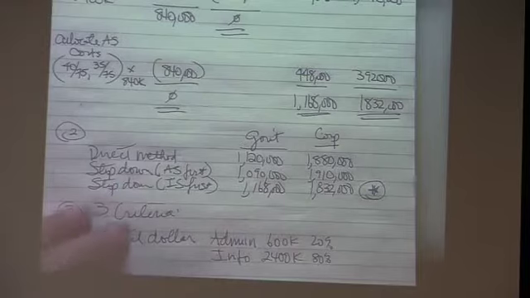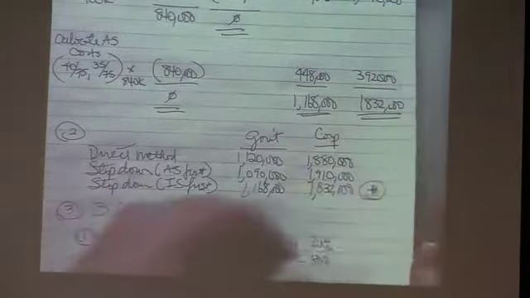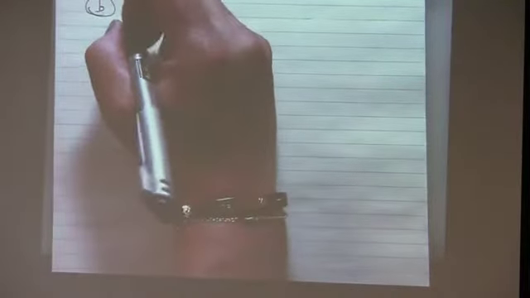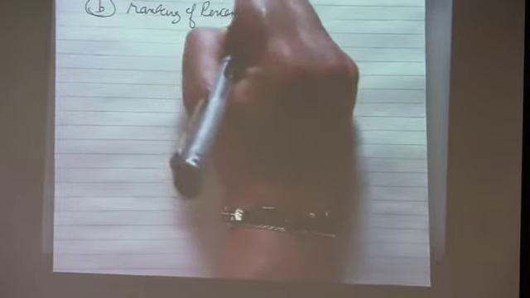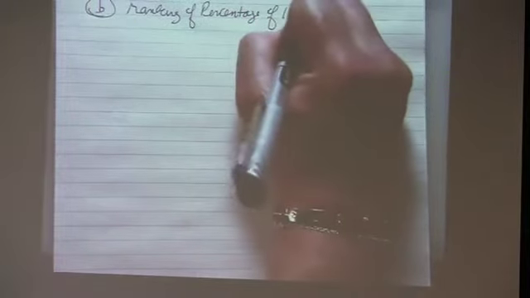The other way is ranking the percentage. So what does that mean? The second one is we're going to allocate based on the ranking of percentage of their total services.